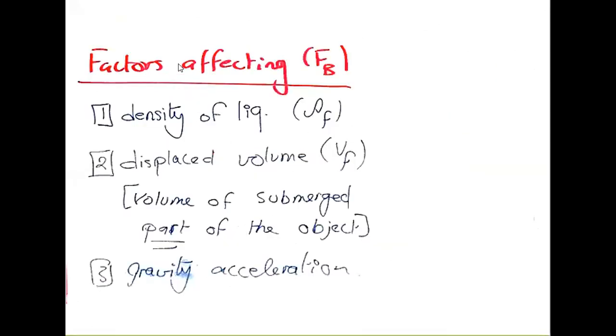So the factors are the density of the liquid, the displaced volume, and the gravity acceleration. But the displaced volume is displaced by what? By the submerged part of the object. So the displaced volume is the volume of the submerged part of the object, and we will explain this point several times later, inshallah.